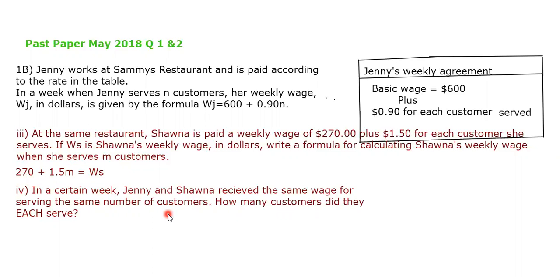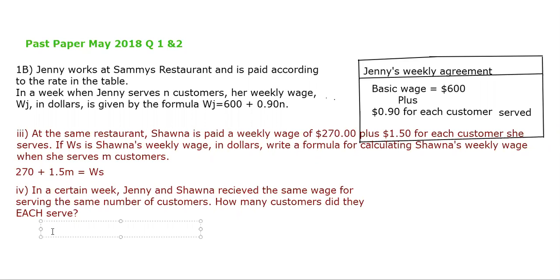Now, therefore, if the question says that Jenny and Shauna receive the same wage, the first word that should come to your mind is they are equal. They're the same. There's no difference, right? So that would lead us to write or equate. They're equivalent. They're the same. Good?